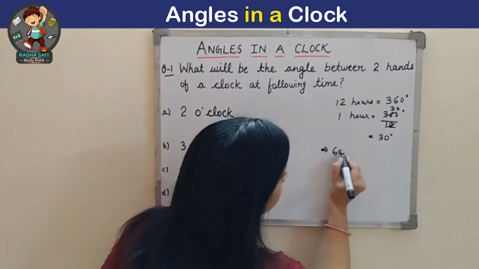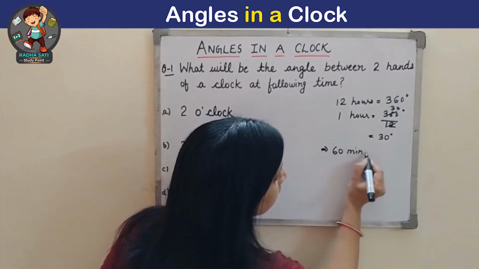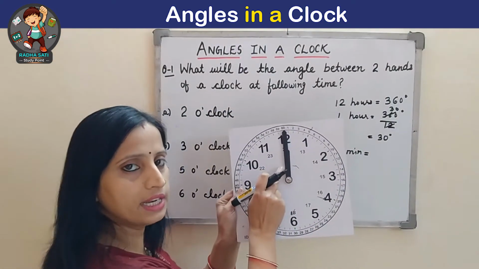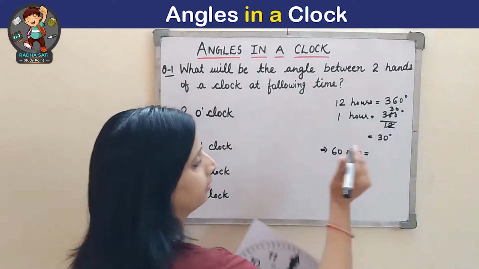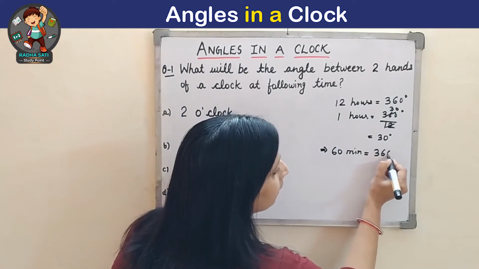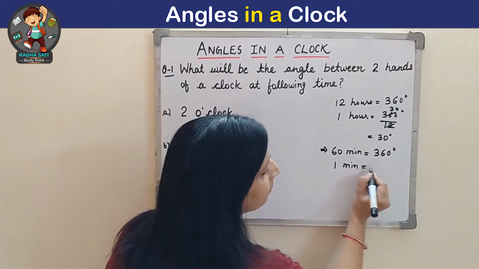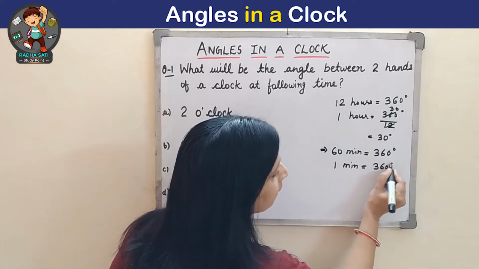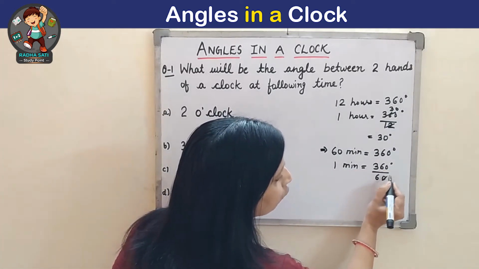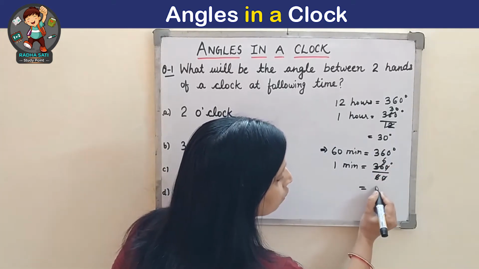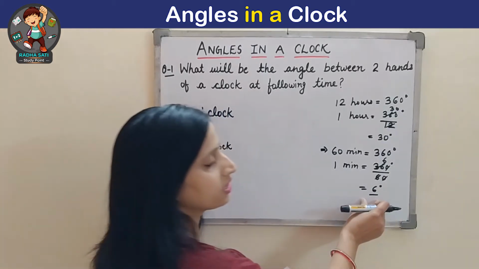So in 60 minutes, it makes an angle of 360 degrees, the complete angle. So in 1 minute, the angle formed by the minute hand will be 360 divided by 60. We can cancel the 0, and 6 sixes are 36. So it will be 6 degrees.